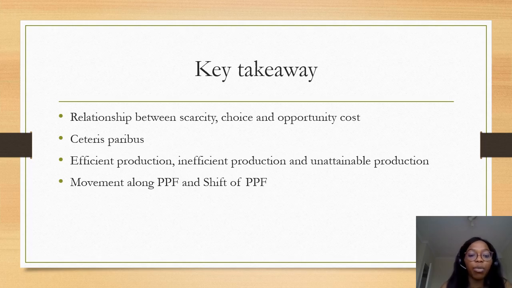If you want more of one good, you need to decrease the other good. And know when there is a shift: when we relax that assumption and allow for both productions to increase, the curve will shift outwards, or if decreasing, it will shift inwards. And that's about it.